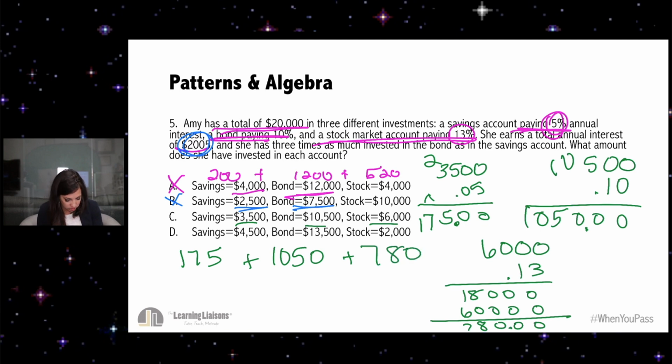I'm going to add those together and see what value I get. And we got $2,005, which means that letter C is our answer.